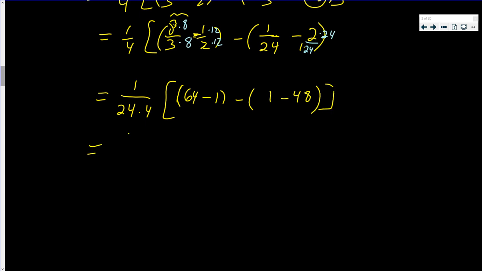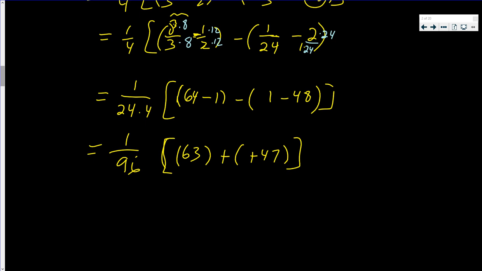Okay, so I have 1 over 96. This here is 63. And I am taking away negative 47, which basically means I am adding 47.